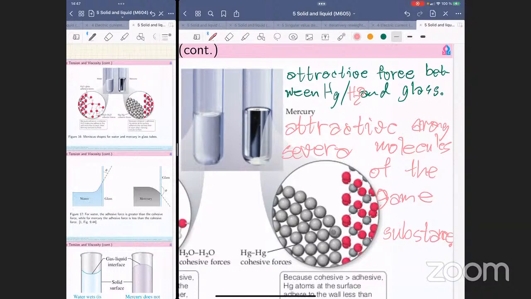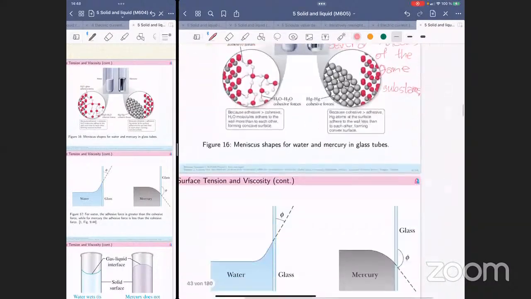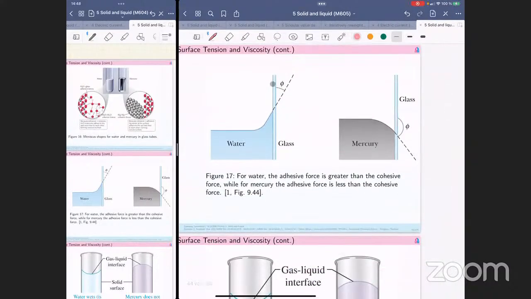So that's the reason in nature, okay, because physics is a kind of science. So the scientists try to give the reason why we have this in nature. All right, yeah. We have the angle phi for water, okay, because the glass tries to attract the water close to them, right? So this plane has the direction like this, and there is an angle phi, which is typically less than 90 degrees.